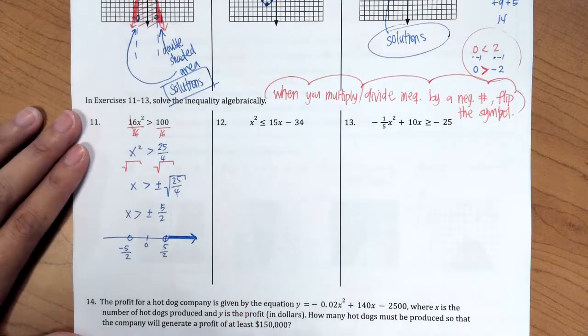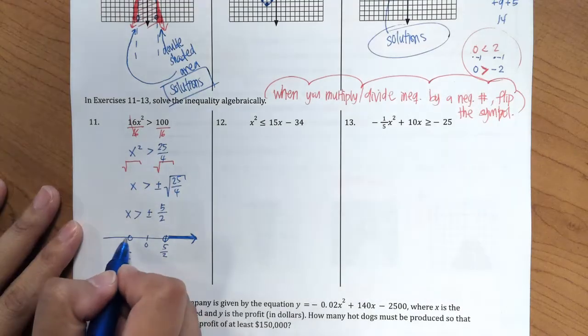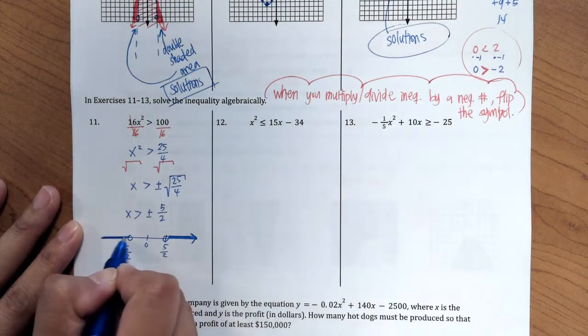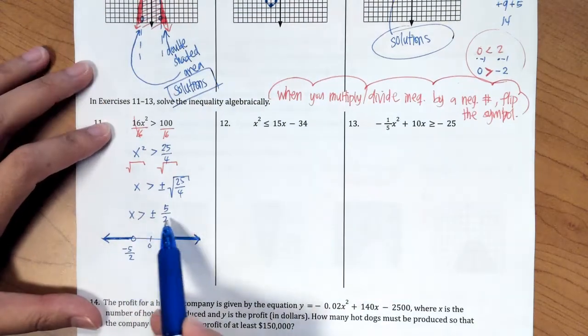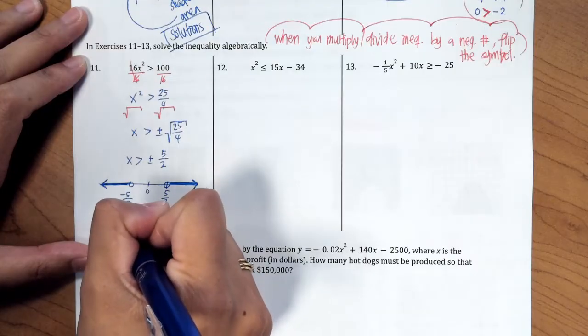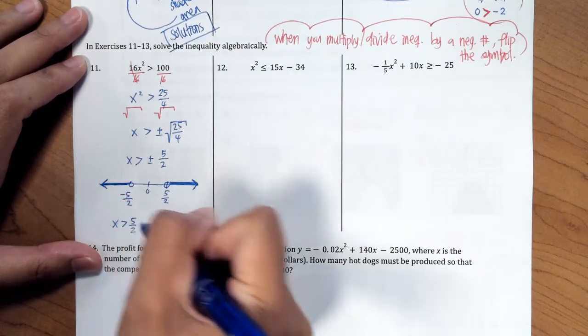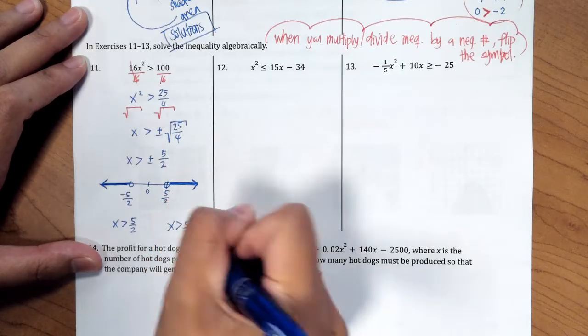Now, the problem with greater than a negative is that technically the x value that's greater is on the outside. So we want the two that are pointing away. You can't write your answer just like this. You have to write your answer as x is greater than 5 over 2. That's that one.